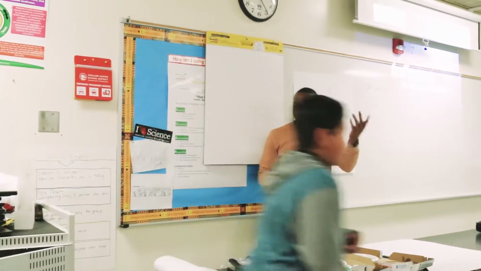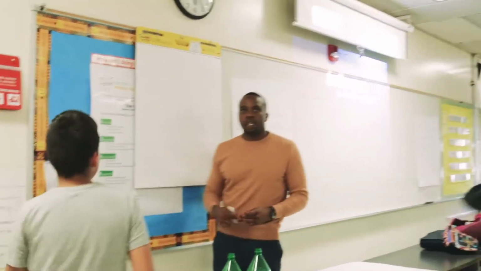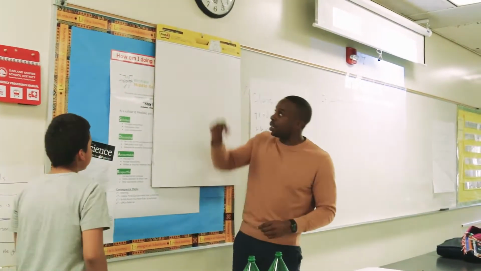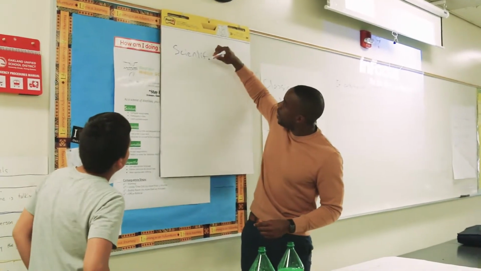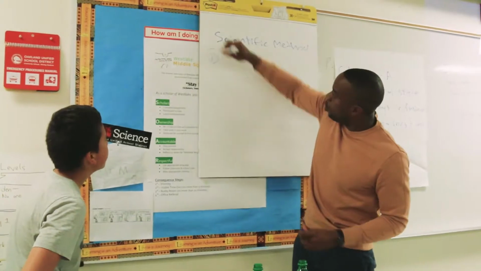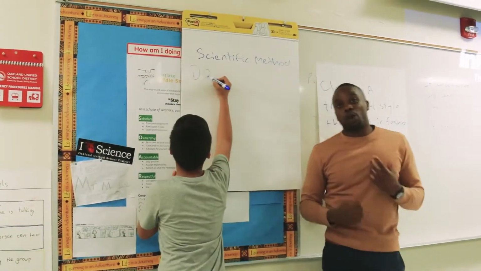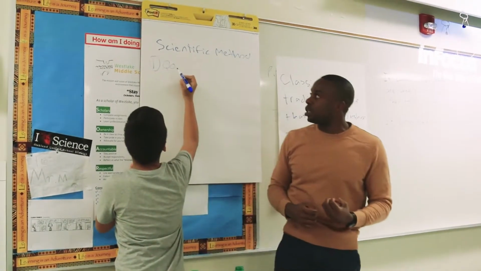Cesar, over here. So, we have the scientific method. This is one of my students, Cesar. He's going to tell you the first step in the scientific method. Number one, what is the first step? Question. So you need to know what a question is. A question to any problem is very important.